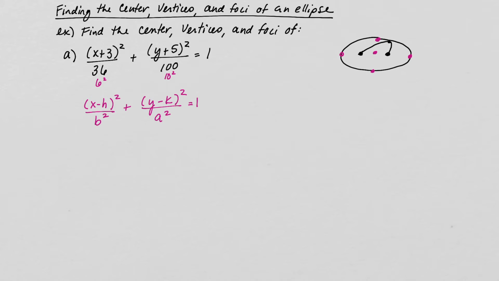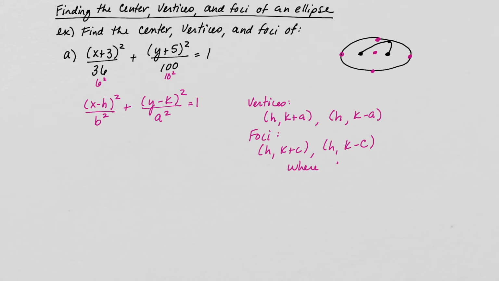Then our vertices are going to be (h, k plus a) and (h, k minus a), and our foci are going to be (h, k plus c) and (h, k minus c), where c squared is equal to a squared minus b squared.